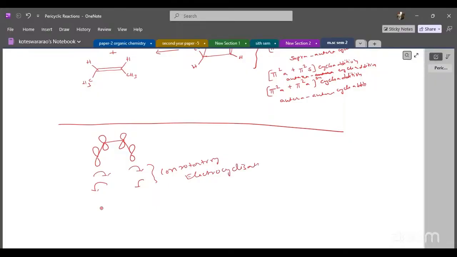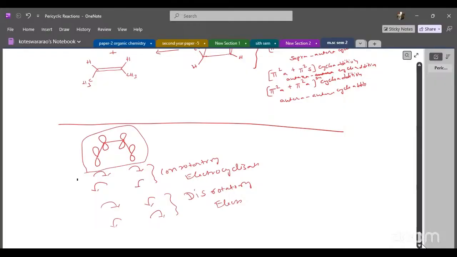And if one is clockwise and the other is anti-clockwise, or vice versa, this is known as disrotatory electrocyclization. In that reaction, we observed only one substrate is involved.